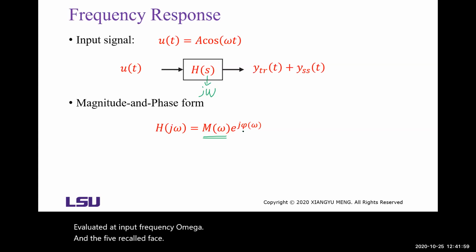That will be the angle of the complex number H evaluated at the input frequency omega. So we know the magnitude will be a function of the input signal frequency, and the phase is also a function of the frequency of the input signal.